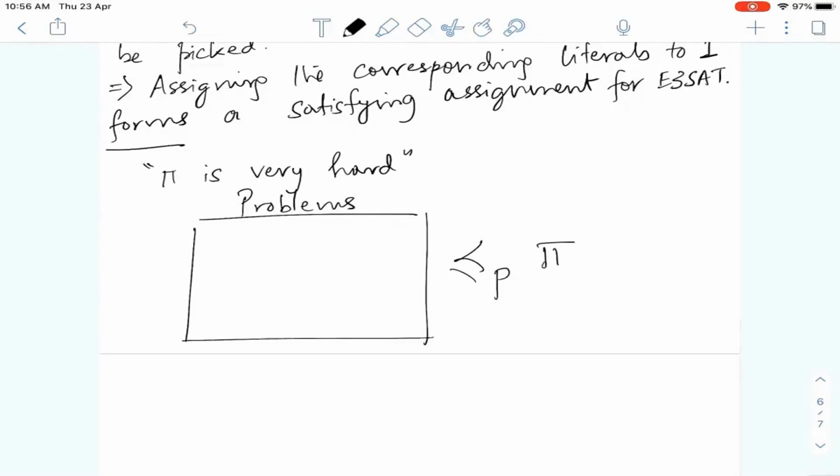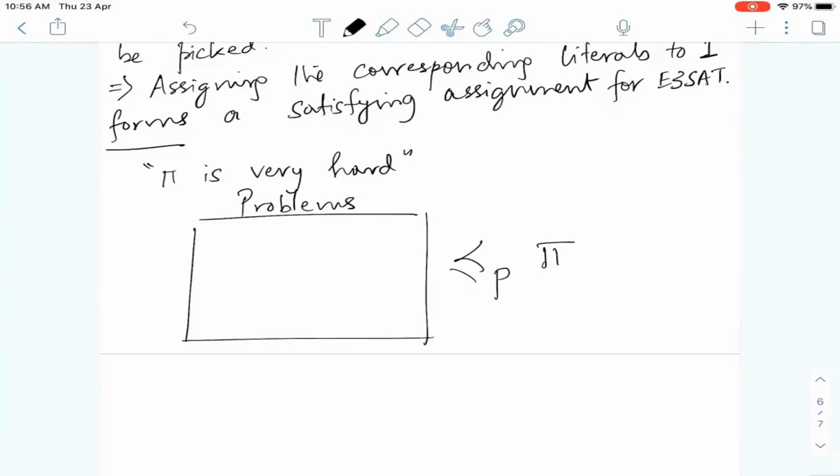How I do that is not clear, or even that this is possible is not clear. But one way to convince ourselves that Pi is quite hard is to pick a bunch of problems that we already know to be hard, in the sense that we have tried them for quite a while but we don't have an efficient algorithm. And you show that there is a polynomial time reduction from each of these problems to Pi. Okay.